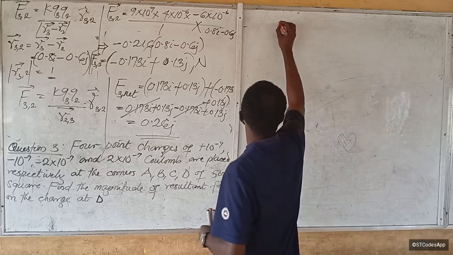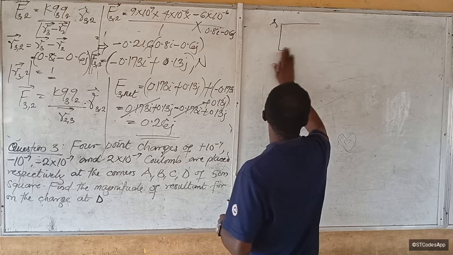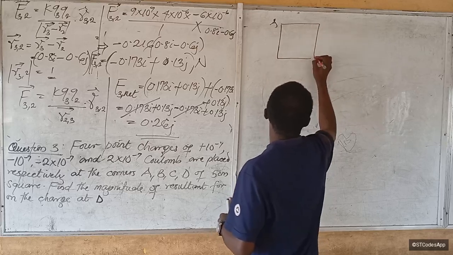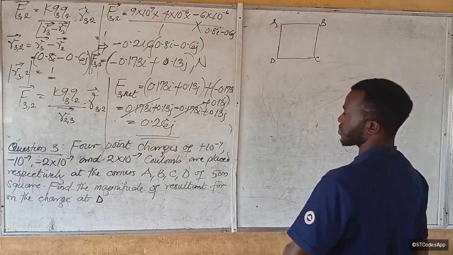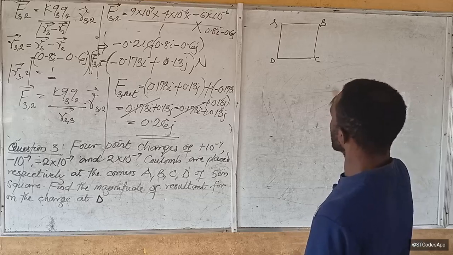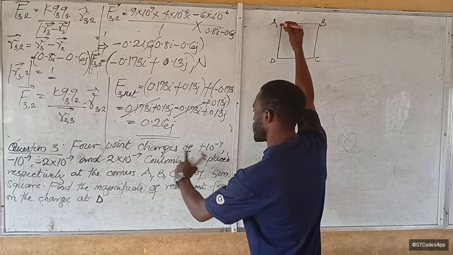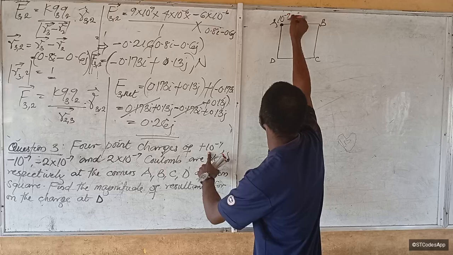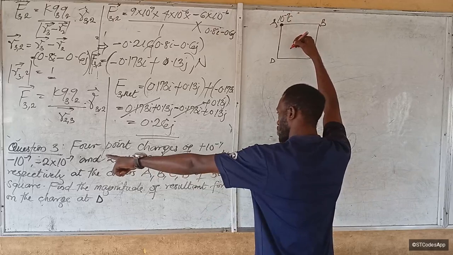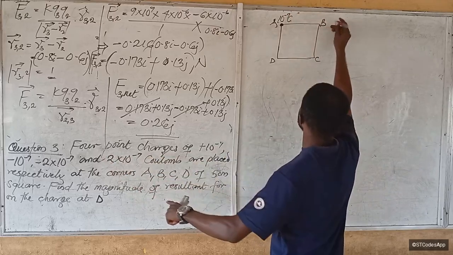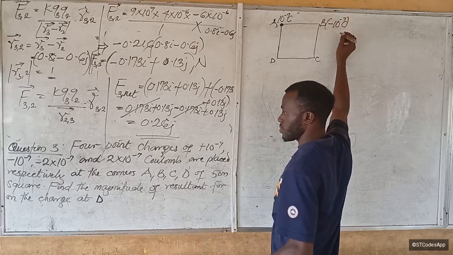So if we have a 5 centimeter square, let's call the edges A, B, C, D. This charge, 10 raised to minus 7 coulombs, is placed here. That one, minus 10 raised to minus 7 coulomb, is placed at B.